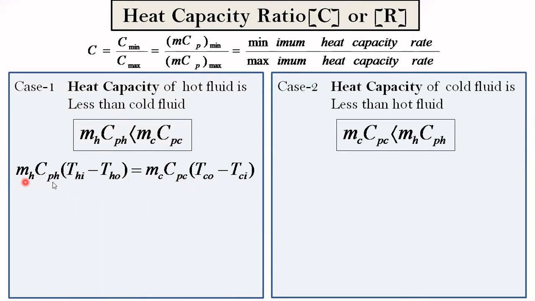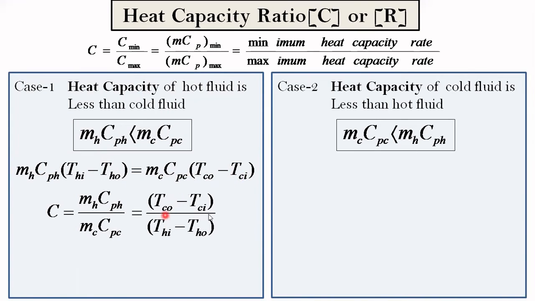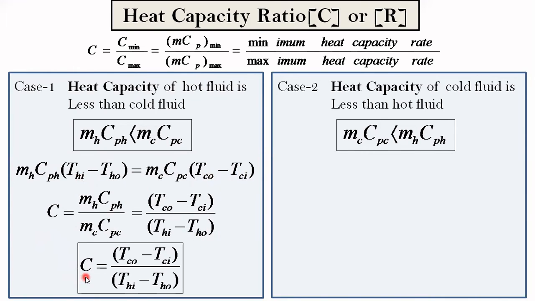So we can equate this MCP delta T for hot fluid and cold fluid. So if you want to write down MHCPH by MCCPC, then this term will go here in denominator. So this will be TCO minus TCI upon THI minus THO. So heat capacity ratio we can directly write down in terms of temperature difference. So here it will be TCO minus TCI upon THI minus THO.